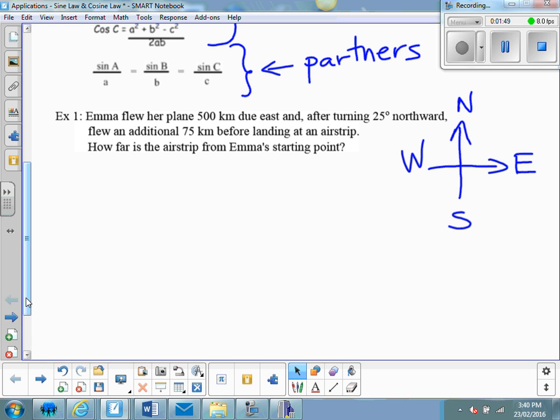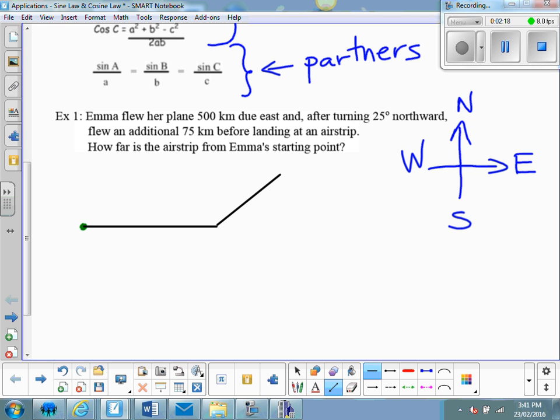So in our situation here, we've got Emma who's starting here, and she is flying due east. So that means she's flying in an eastern direction here. And then she's turning northward and flying a distance there.